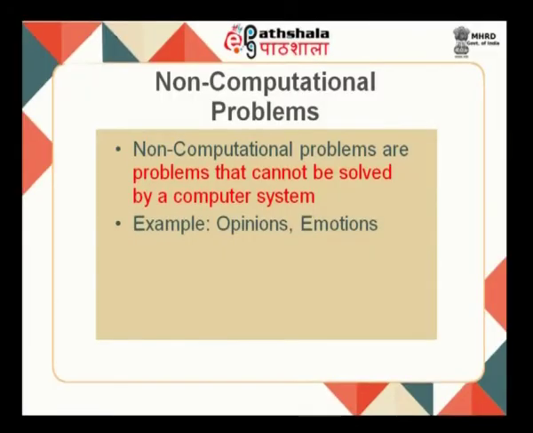A good example of a non-computational problem is opinion giving or emotions. For example, I can ask a computer to multiply two long integers, and it can solve it in a fraction of a second. I can also do face recognition using computers with a little bit of difficulty, but I can never write a program so that computers can offer opinions, for example, about Indian literature or Tamil classics.